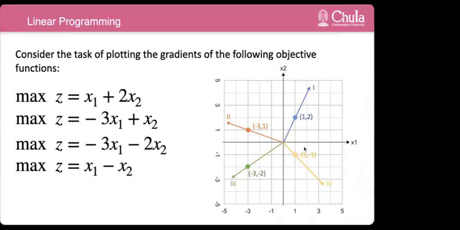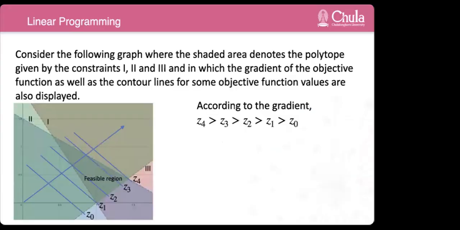If you want to maximize the first function, x1 plus 2x2, you can go to infinity in order to maximize it. So you get no solution at all. It just tells you the trend, which direction you should go.